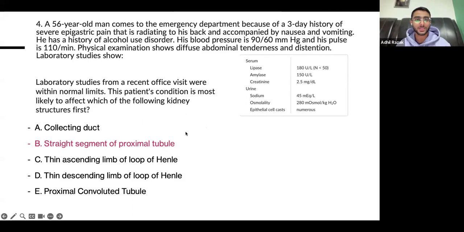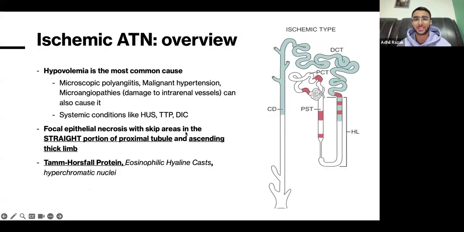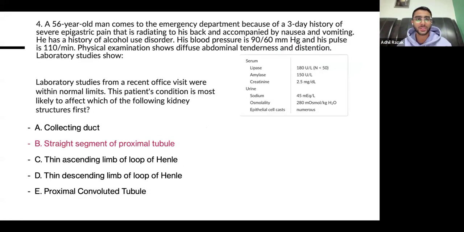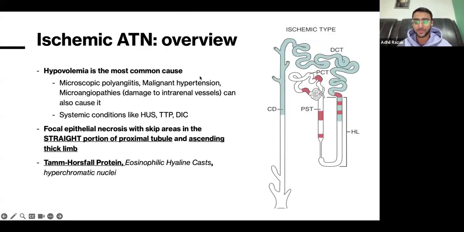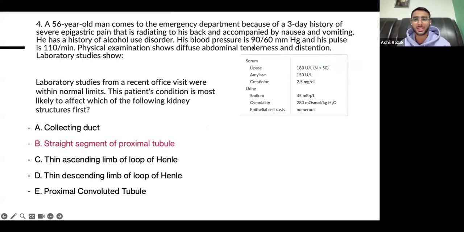So this patient actually has ischemic ATN because of hypovolemia. See how his blood pressure is very low? That just pretty much indicates abdominal distension, hypotension, and less blood volume.